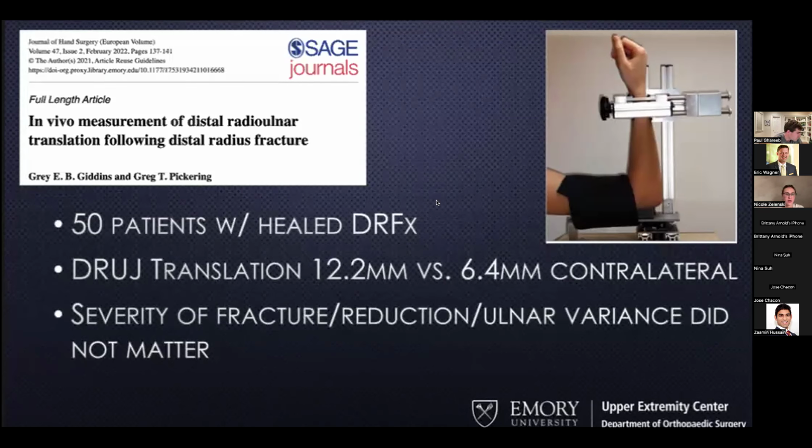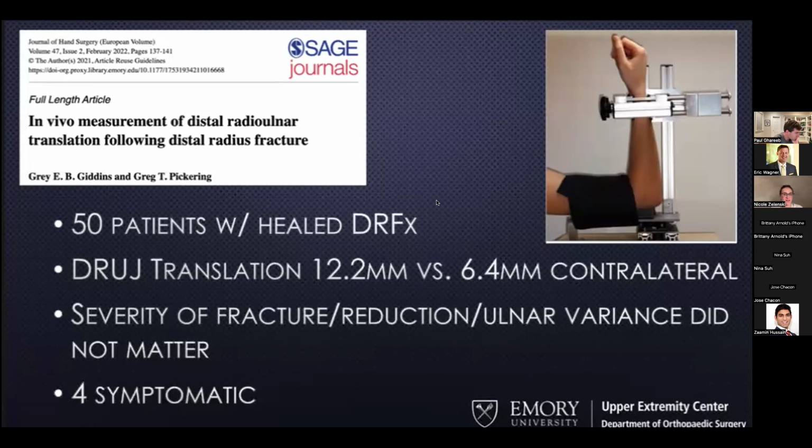They used the same jig, and they found the translation to be 12.2 millimeters in the injured side versus 6.4 on the contralateral side. Although there was a trend towards significance in those that had a union with greater than 15 degrees of dorsal angulation and positive ulnar variance of 5 millimeters, there was no statistical correlation with these, although it's possible that if they had more patients in the study they would have found that.